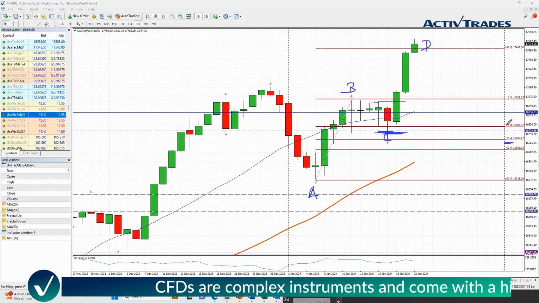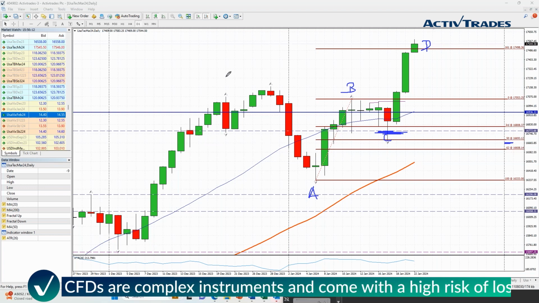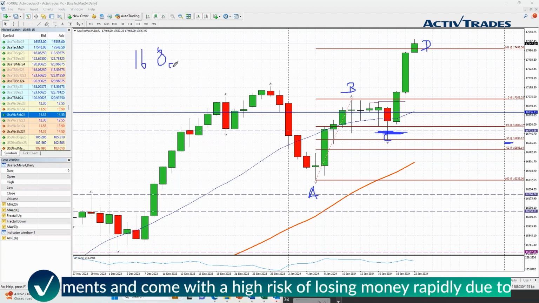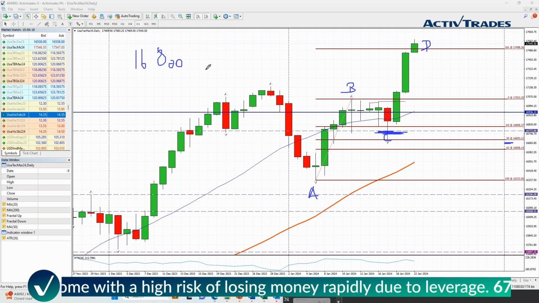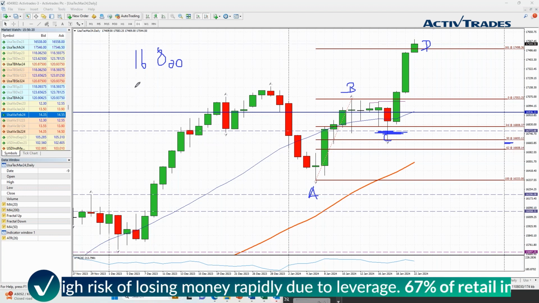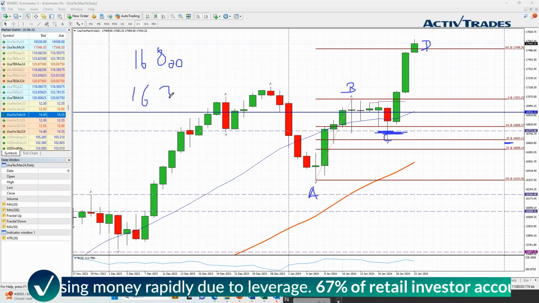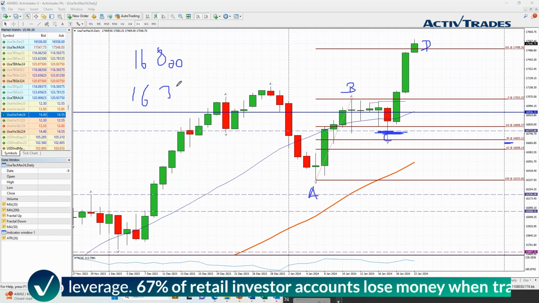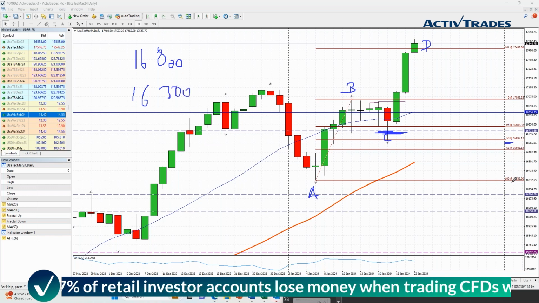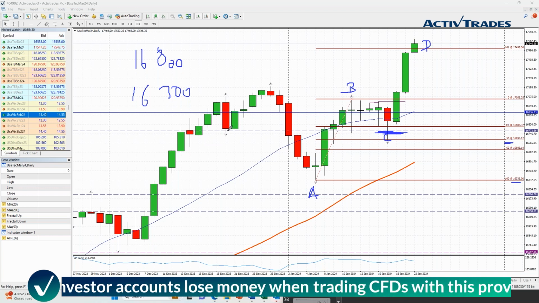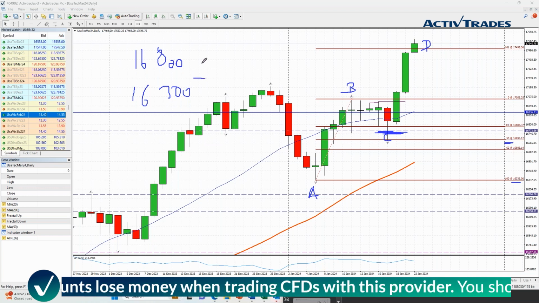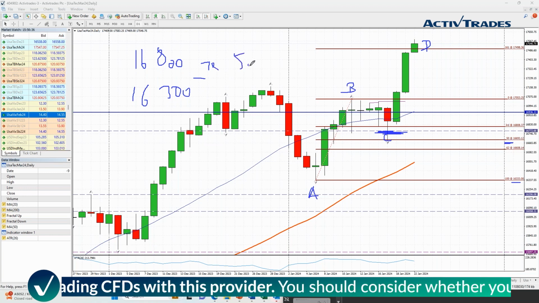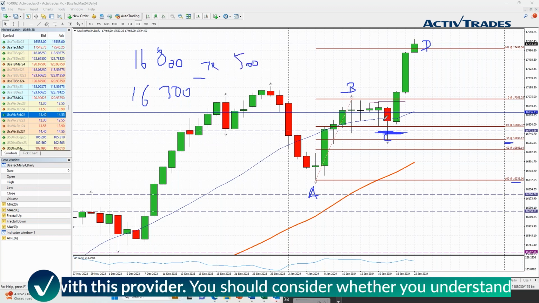So your entry would have been around about 16,800, excuse my drawing, and your stop would have been, for simple sums, let's say 16,300. It's probably a little bit big there because it could have got away with 30, but my trade risk is 500 handles, 500 points.